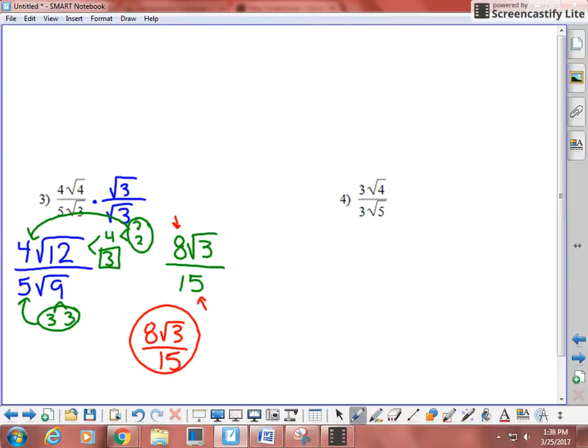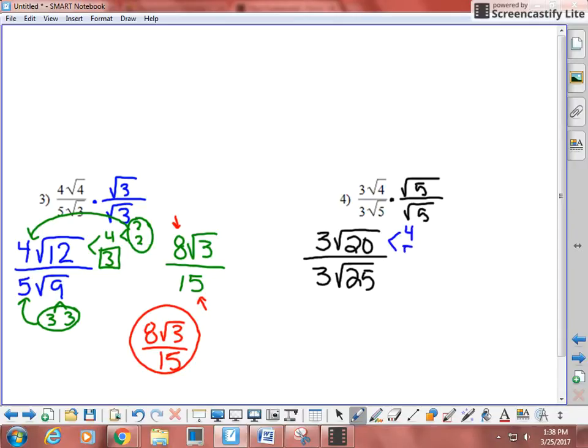Okay, same thing over here. We're looking at what is the radical in the bottom. 5 is the radical in the bottom, so I want to multiply them both by square root of 5. My outside number is 3 times 1, so I just get 3. Inside, I get the square root of 20. On the bottom, I have 3 on the outside and 25 on the inside. 20 can break down into couples and pairs to 4 and 5, 2 and 2.